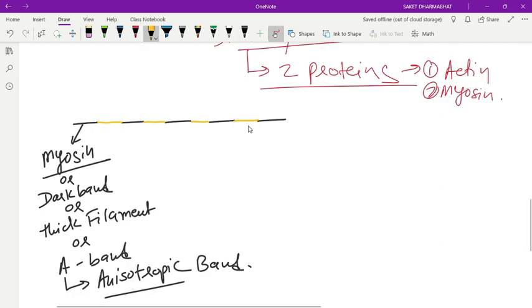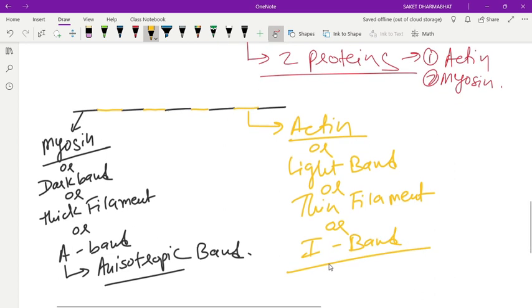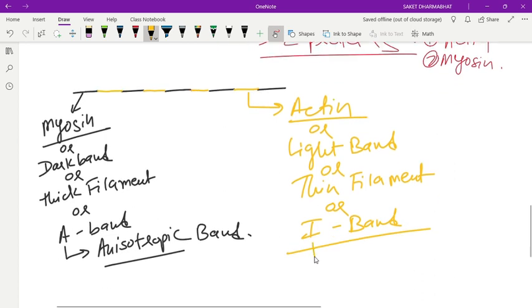On the other hand, actin is the light band, or thin filament, or I band. I is for isotropic.